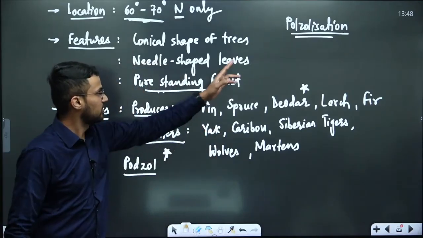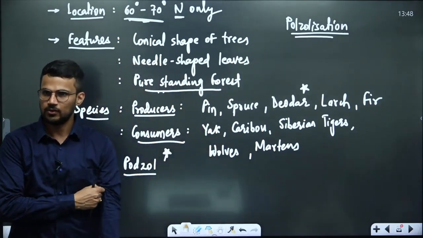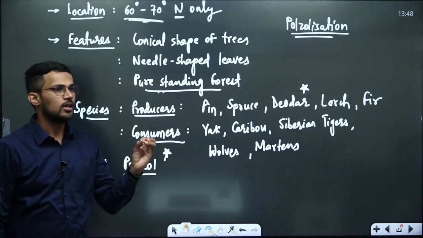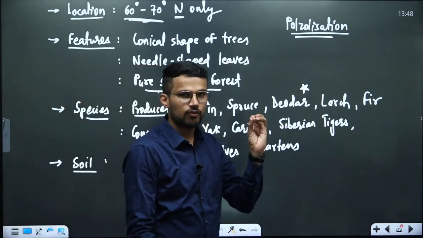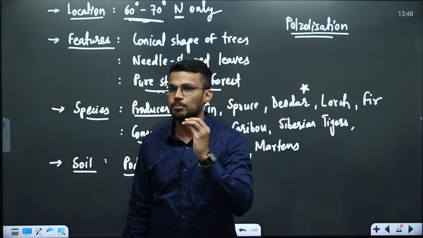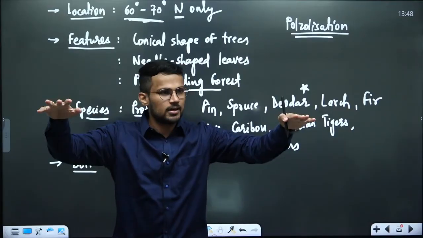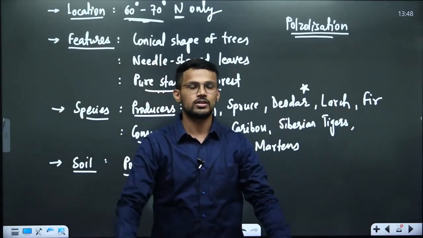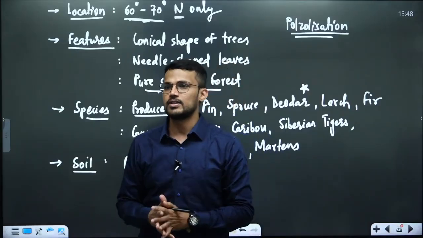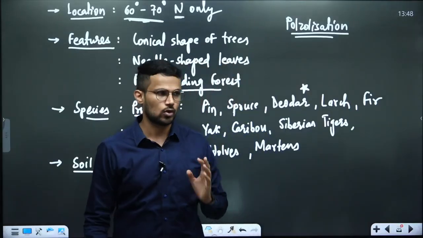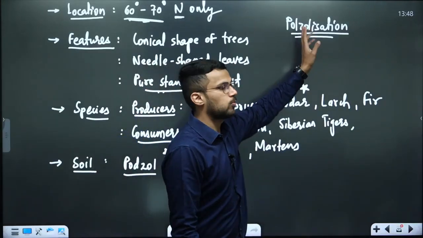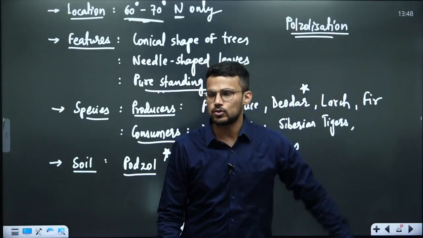Podzol soil is the result of podzolization. Right? Podzolization में क्या होता है? Due to the formation of acid from the litter of plant, there would be leaching of minerals from the upper layer of soil and their accumulation in the lower levels of soil, lower horizons of soil. That is called as podzolization, and the type of soil is called as podzol.